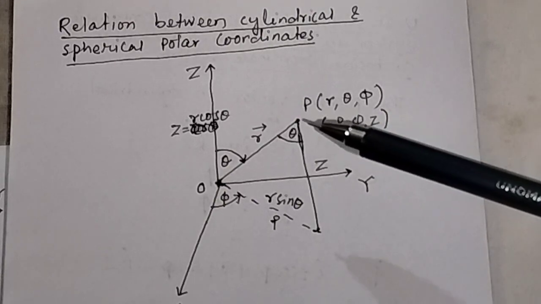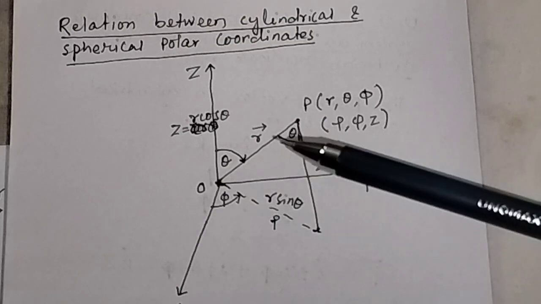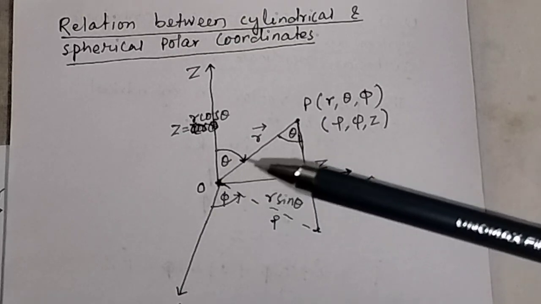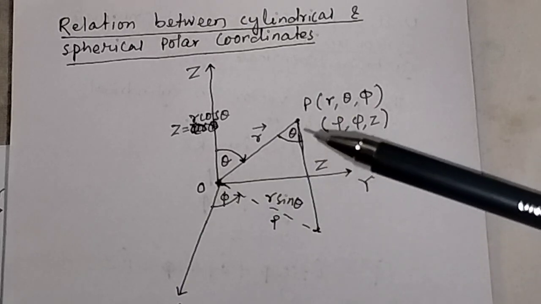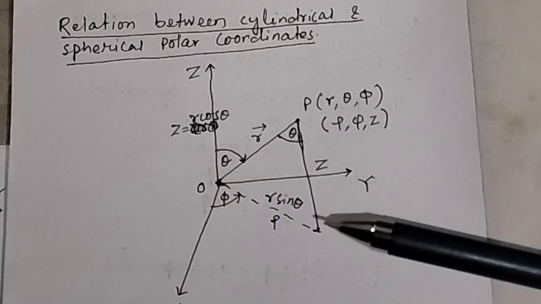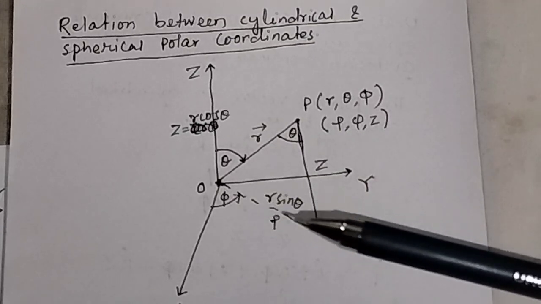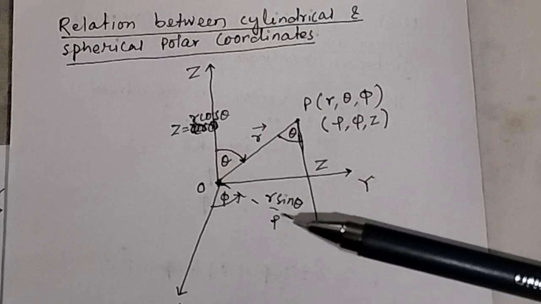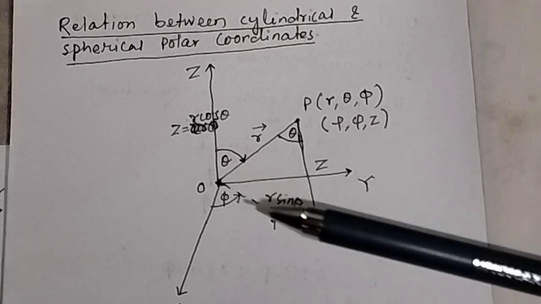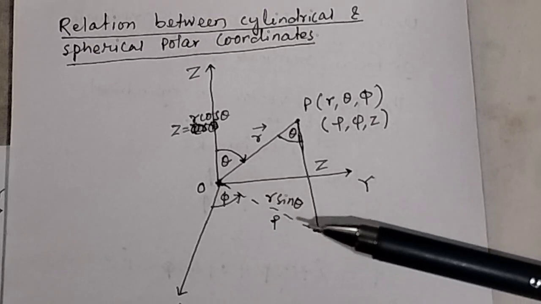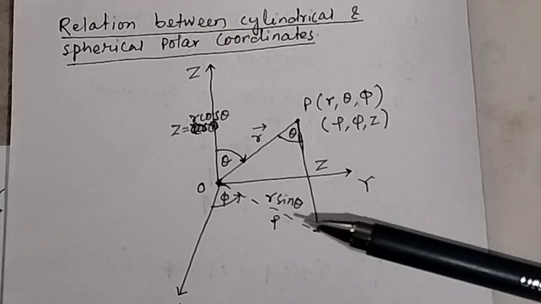You see, if this angle is 90 degrees and this is theta, then the component of r along this direction will be r sin theta, and the component of r along this direction will be equal to r cos theta. So r sin theta will be equal to rho, that is the radial distance in cylindrical coordinate. So another relation between cylindrical and spherical polar coordinate will be rho equal to r sin theta.